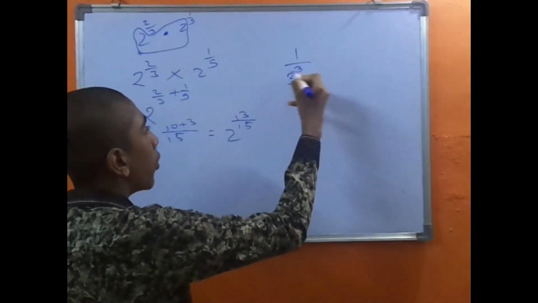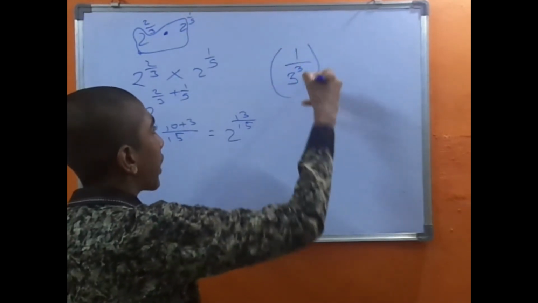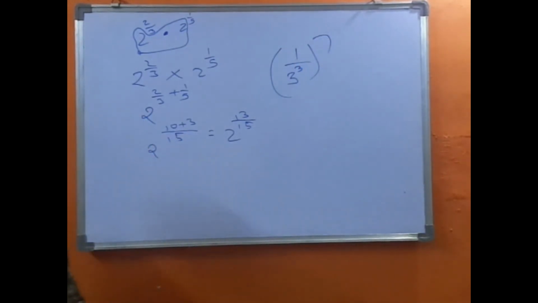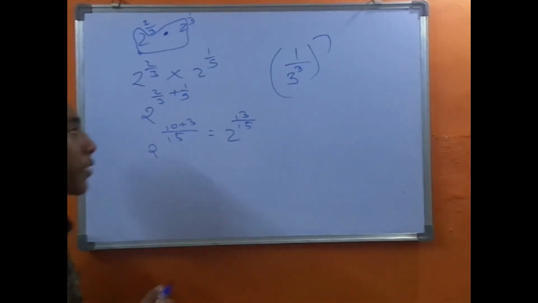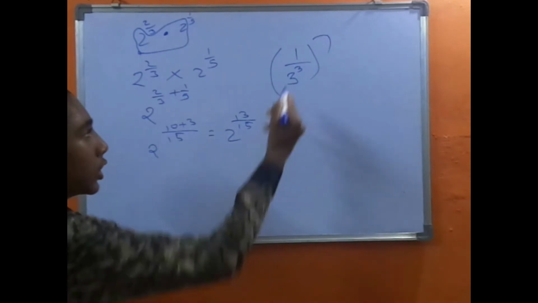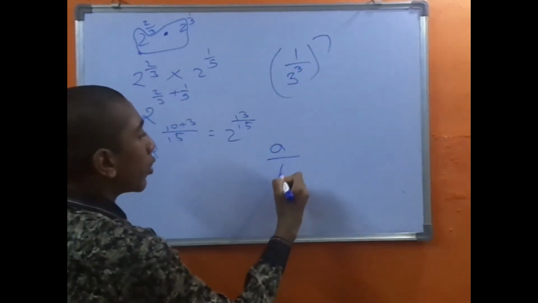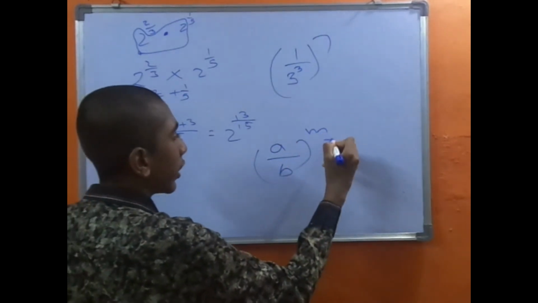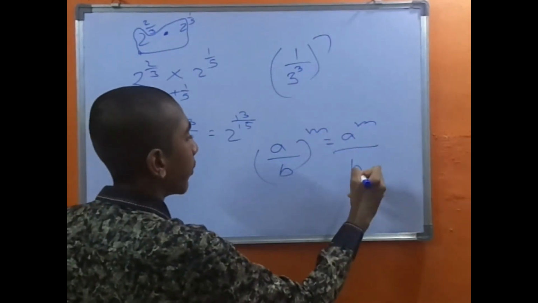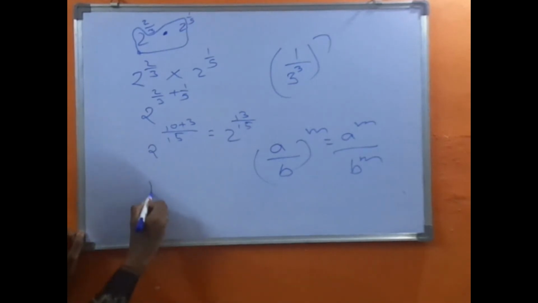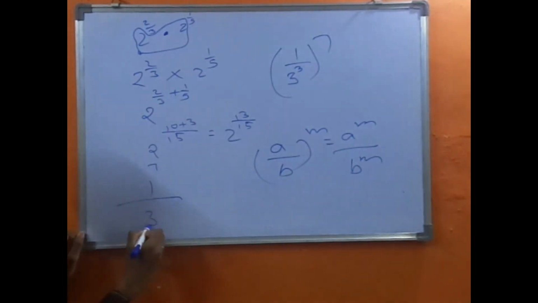Okay. 1 by 3 cube whole power 7. So, how can we do this? It's very simple. We just need to simplify. So, we will use this property. a by b whole power m is equal to a power m by b power m. So, this is 1 power 7 by 3 cube whole power 7.